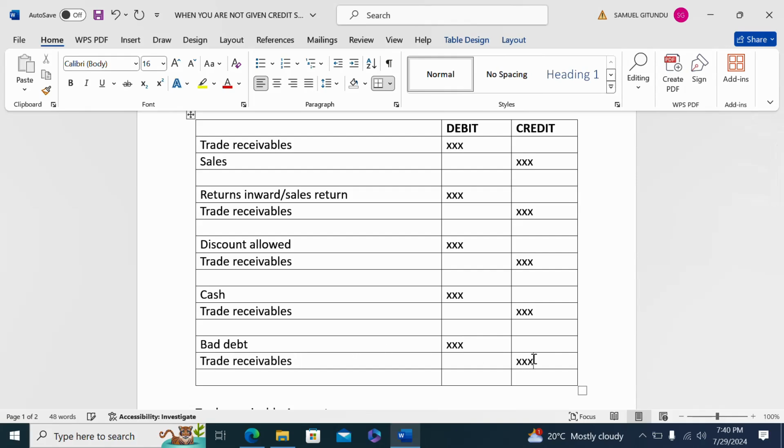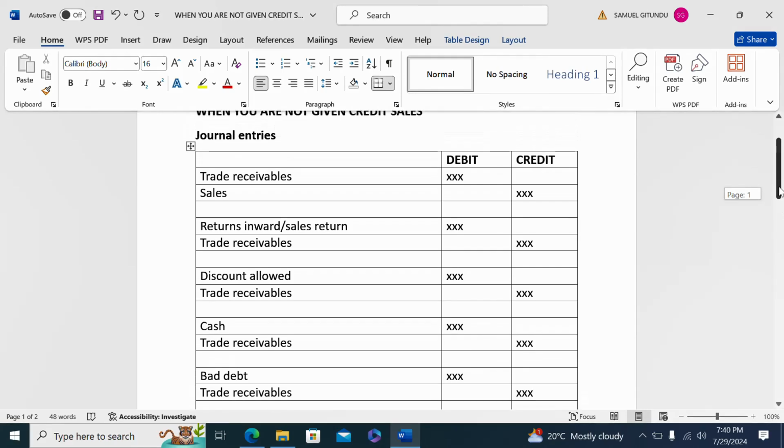Those are the journal entries that go into the trade receivables account, and it is very important to understand them because they will help you a lot in determining credit sales when you are not given credit sales in a question.